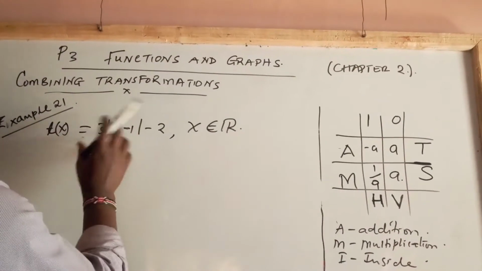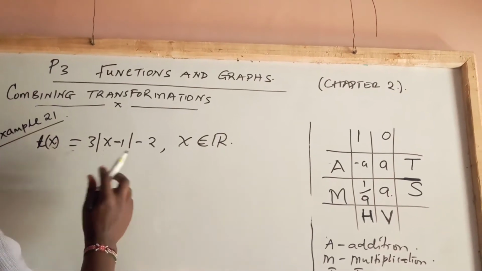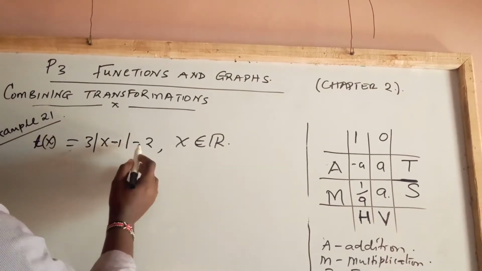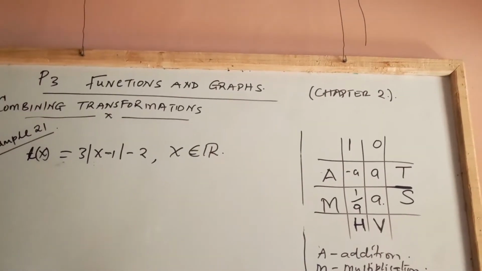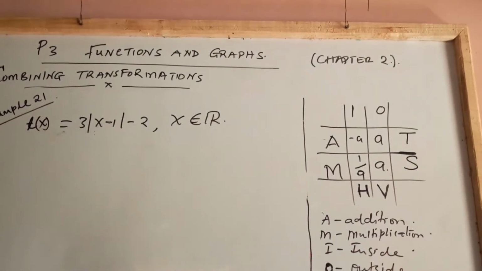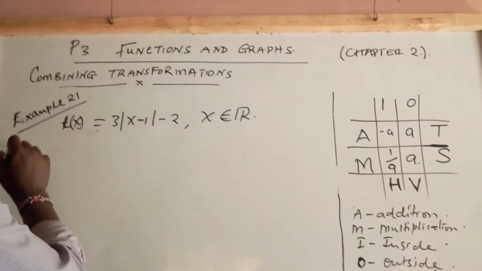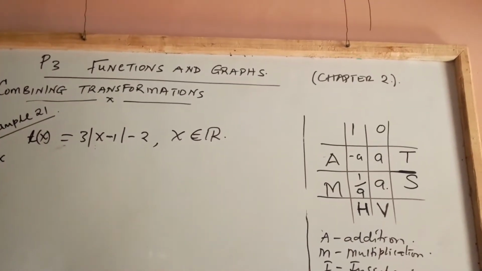And then the whole thing is multiplied by 3. This is another transformation. And then we add -2. That is the third transformation. We have 3 transformations upon what would have been the very original function, y equals x. This is where we start.